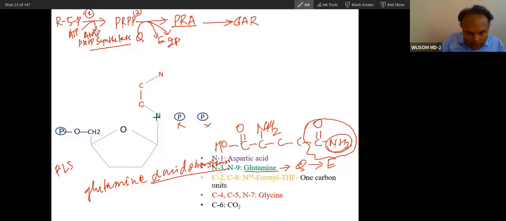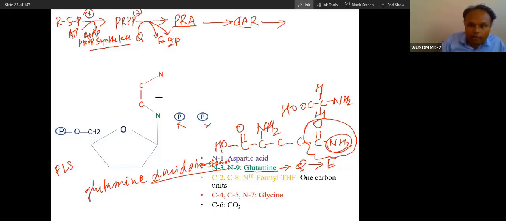Remember, don't forget the structure of glycine. This is glycine. So glycine will convert into glycinamide. This is 2 carbon 1 nitrogen ribose.